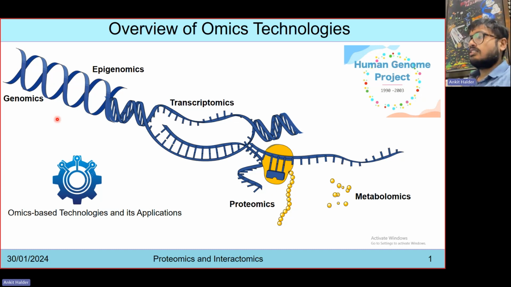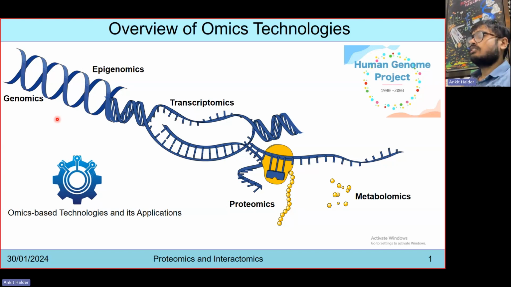But what is the meaning of this term omics, and from where did it evolve? Basically, the study of everything comprises omics, like the study of all genes, which comprises your genomics.